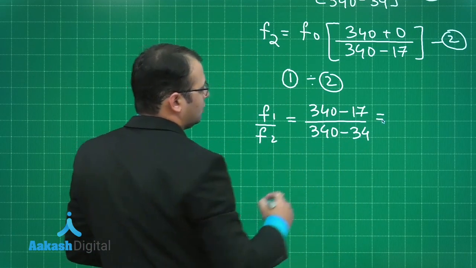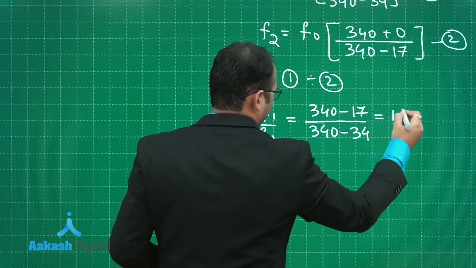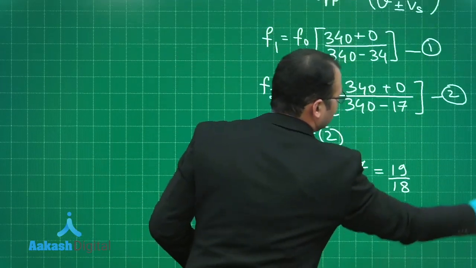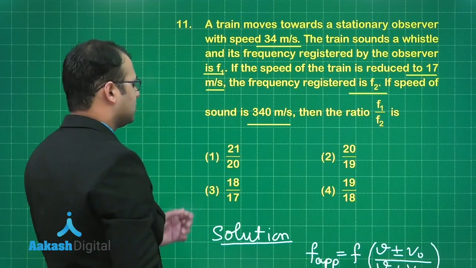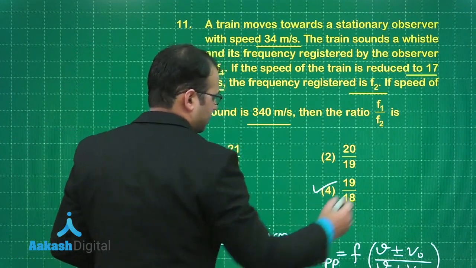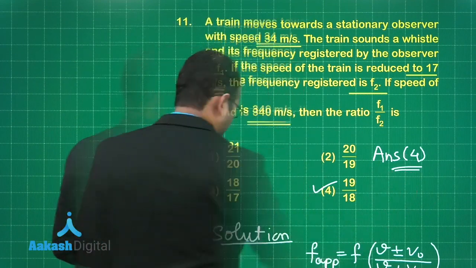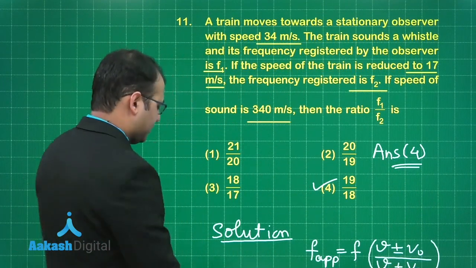When you solve this, you will get 19 by 18. Let's see which is the best suited option here. From the 4 options given, option number 4 is the right answer to this question, right? So, let's see question number 12.